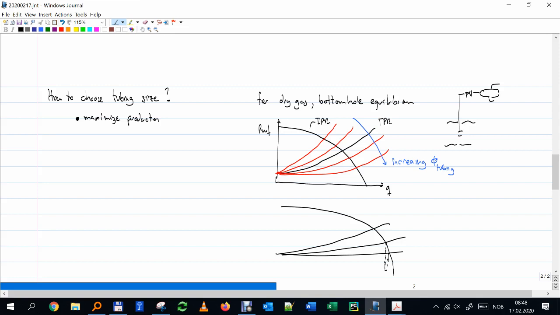So you always have to compute the benefit, the economical gain of increasing the tubing size, because it's also costly. It also increases the cost of the well, compared with the gain that I'm going to get in production.